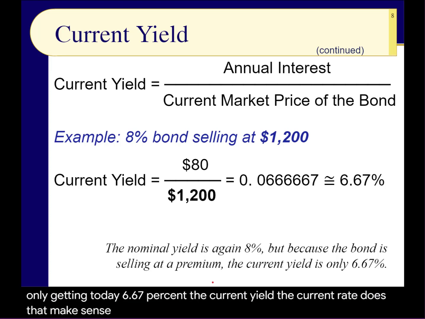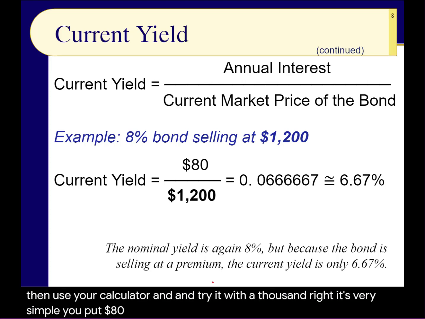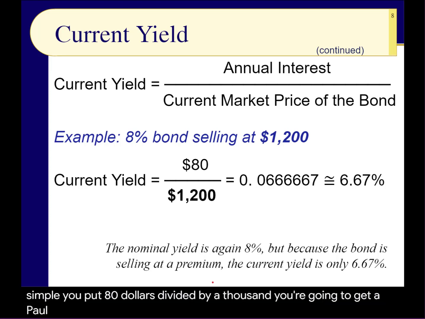Does that make sense? Stop. If you have to stop the presentation, stop, and then use your calculator and try it with 1,000, right? It's very simple. You put $80 divided by 1,000, you're going to get 8%. So if the bond is selling at par, then the current rate is equal to the nominal rate.